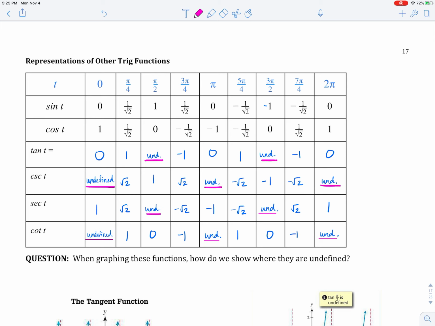Secant is undefined at pi over 2 and 3 pi over 2. And then cotangent is undefined at 0, pi, and 2 pi. So it looks like tangent and secant have the same domains, and cosecant and cotangent have the same domains. They're undefined in the same places.